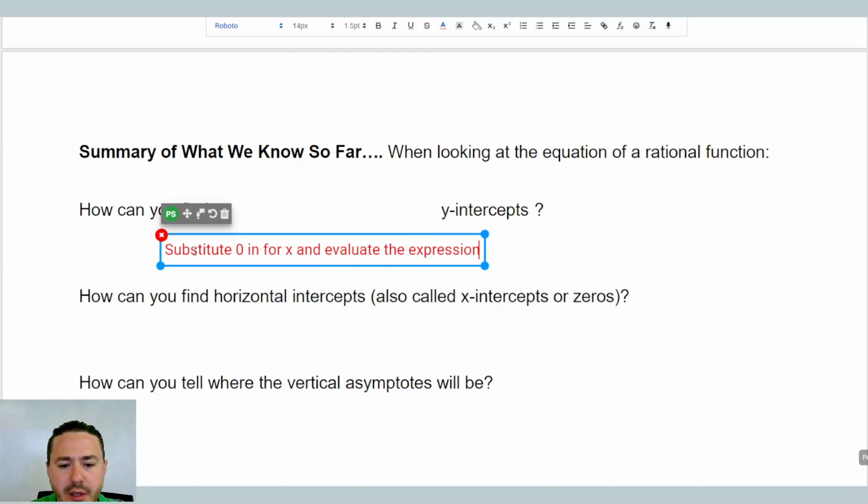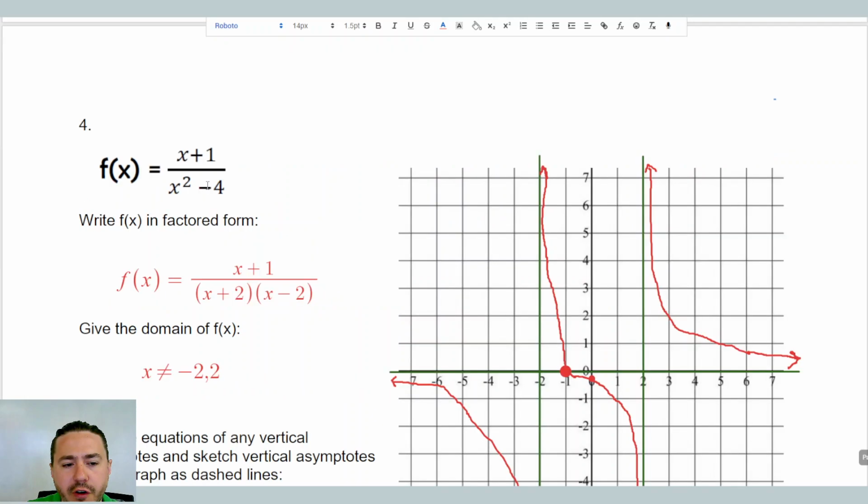Another, sort of shortcut way of finding it is just to divide the constants. Going back to one of these before, if my constants are 1 over -4, I can just divide those because the rest of this is just going to be 0. Either way works.